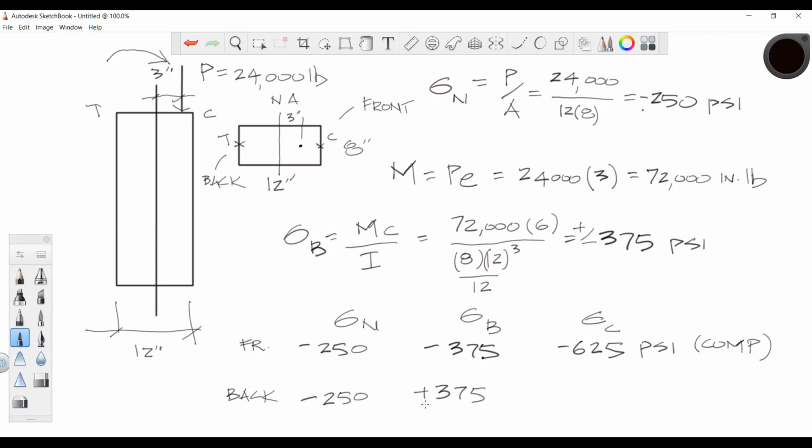Should be 125, right? Yep, a positive 125. Because the 375 is greater than the negative. So what's happening is the back of that is still in a bit of tension, developing tensile stress, and the front is major compression. Does that make sense?